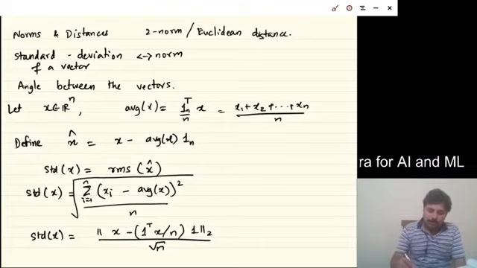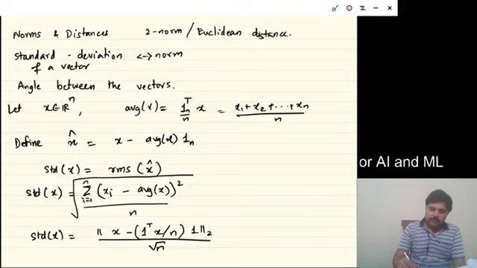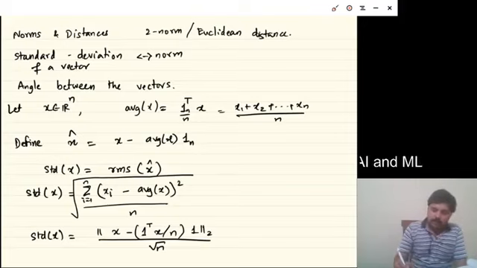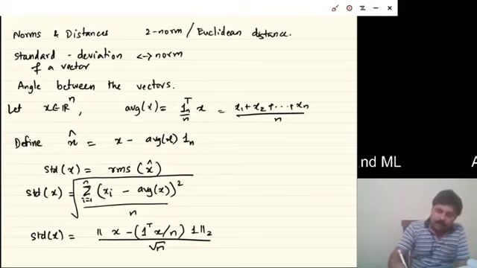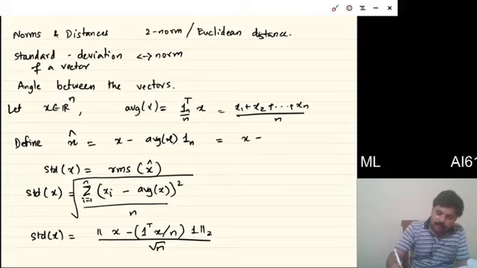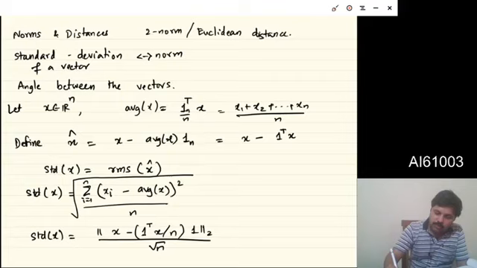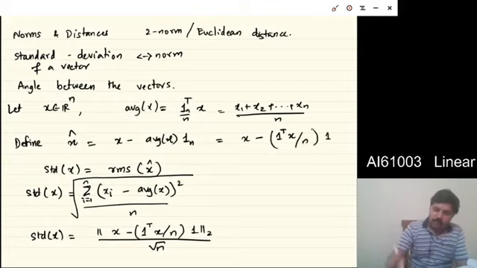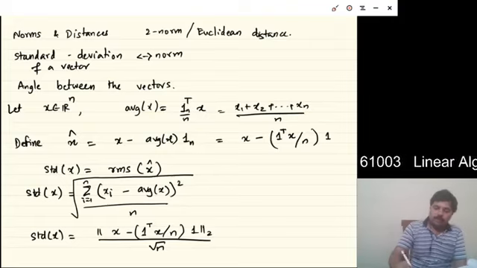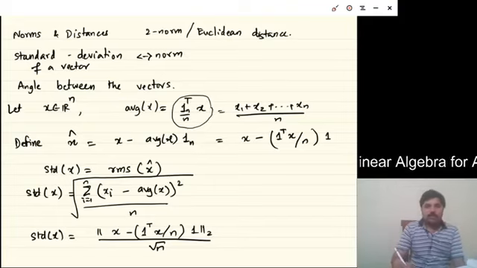This entity is basically the 2 norm of x hat, and I am writing x hat in this fashion. The average of x I can write as 1 transpose x divided by n. So this average of x is being substituted by this particular formula, and that's what I have written here for x hat.